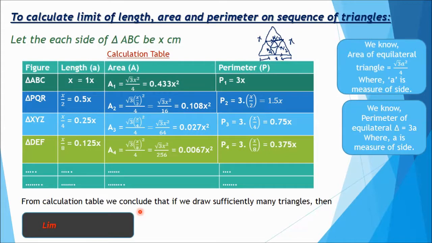Now that will be limit of length is equal to 0. Limit is 0, not the value of last triangle won't be 0.